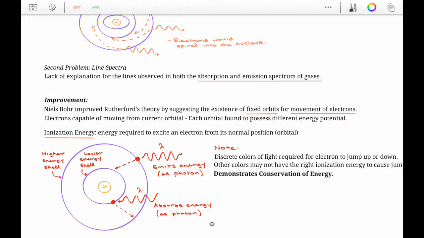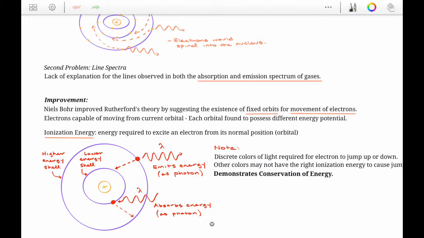And so once this electron has transferred to this inner shell, if it desires to go back into the higher energy orbits, it must absorb energy as a photon, and this photon must have the exact same wavelength as the one that it had emitted. And that's because this whole concept has to follow the law of conservation of energy, and that energy cannot be created or destroyed, it's only transferred.